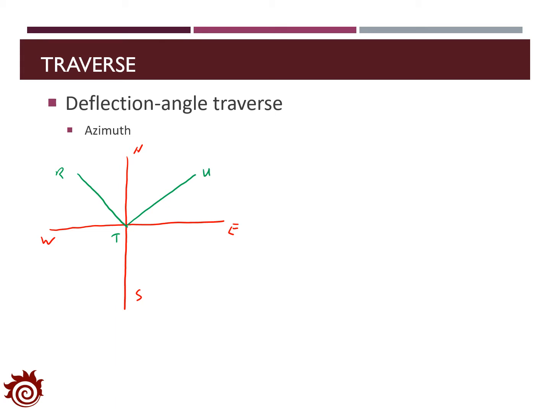We know the deflection angle, which is alpha 2 to the left. And then for the azimuth of RT, which should be determined by the extension, and this would be the azimuth of RT.